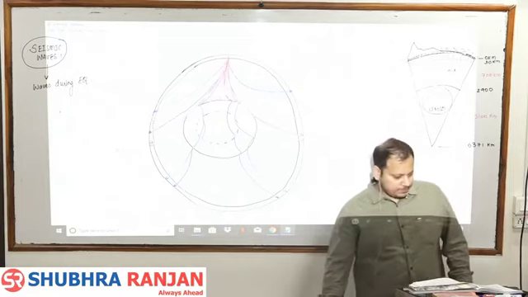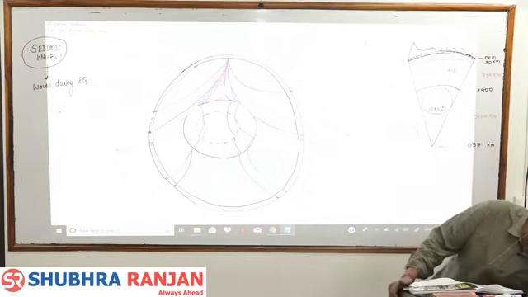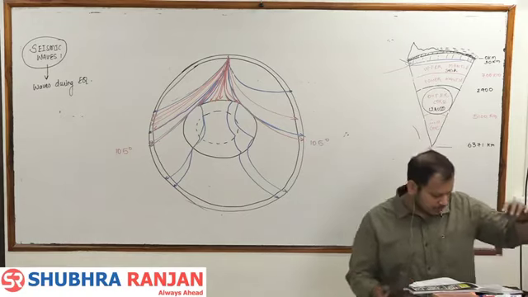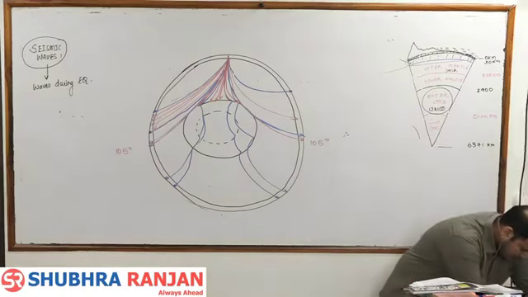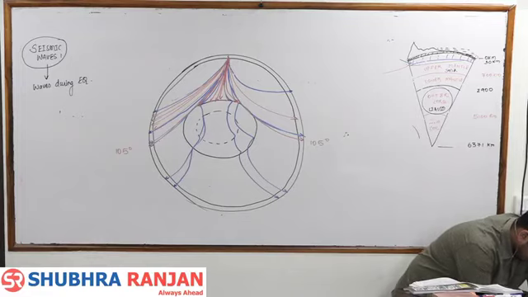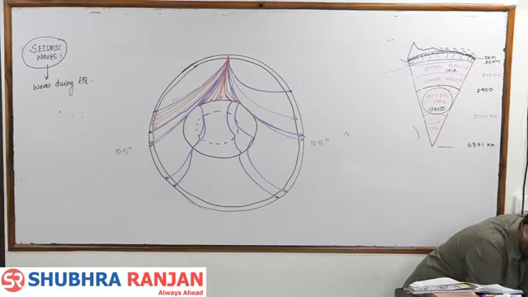Primary wave or P wave. The first wave to be generated during an earthquake. Second point, it can travel through solid, liquid and gaseous media.